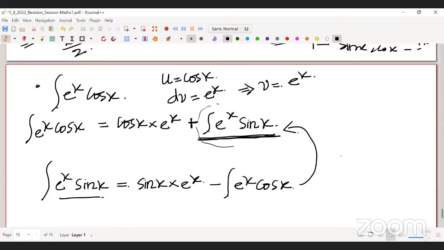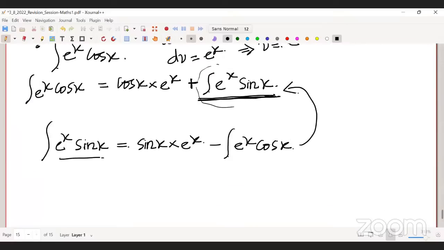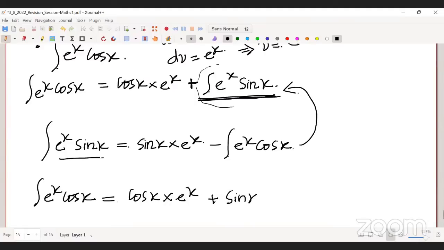If I replace this one there, what will I get? I'll get e power x cos x, which is nothing but cos x times e power x plus sin x times e power x minus e power x cos x.